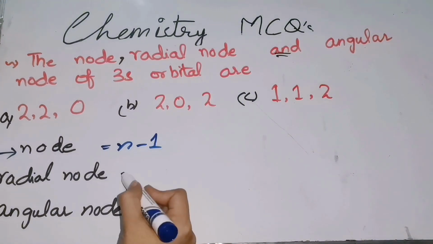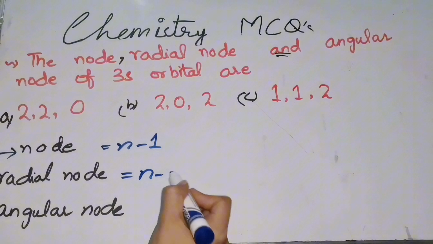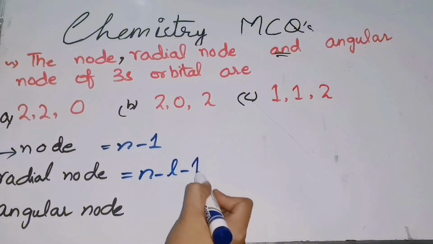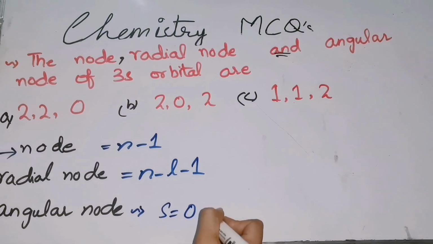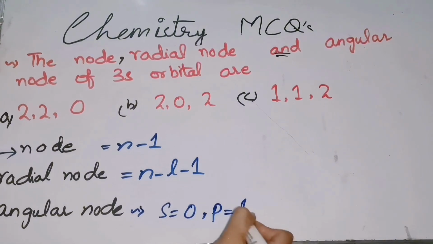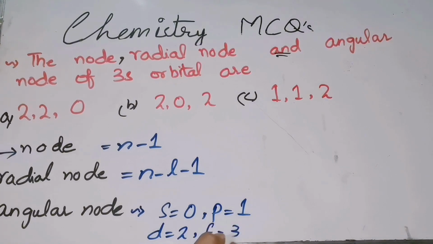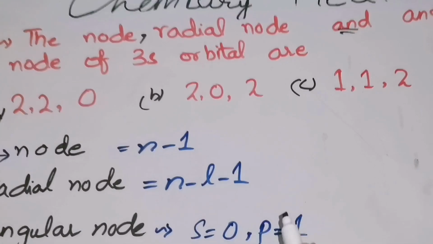The formula for radial node is n minus L minus 1. And for angular node, S is equal to 0, P is equal to 1, D is equal to 2 and F is equal to 3. The same as we wrote for L, right? L is equal to 0 for S, L is equal to 1 for P, L is equal to 2 for D and L is equal to 3 for F.